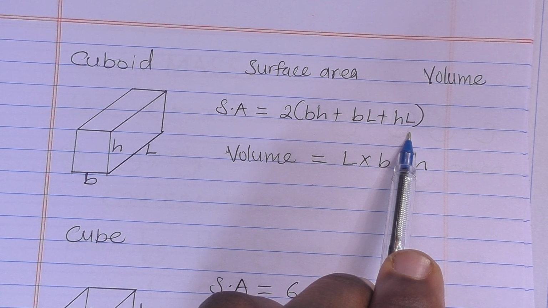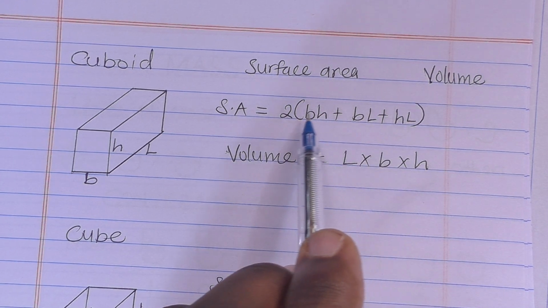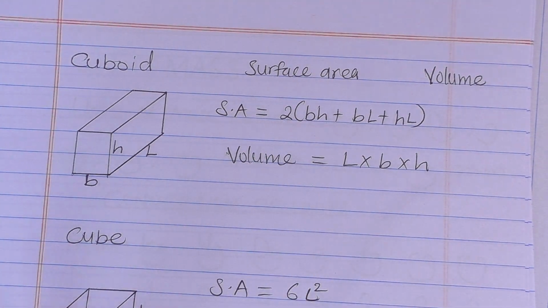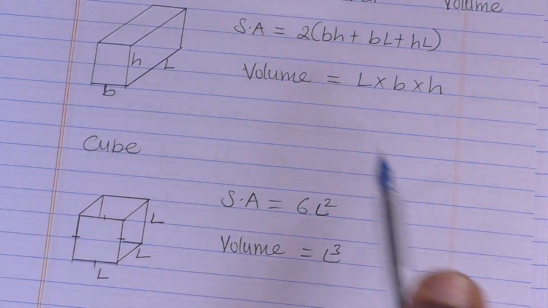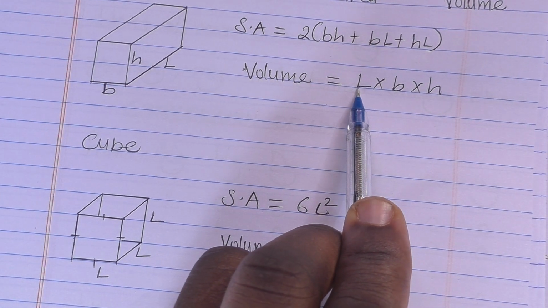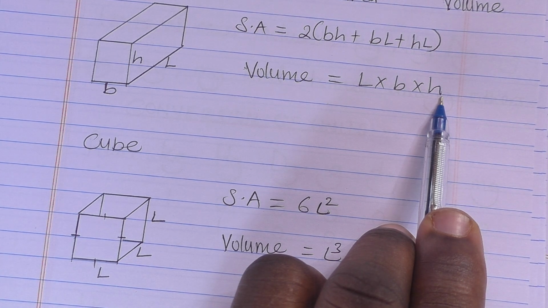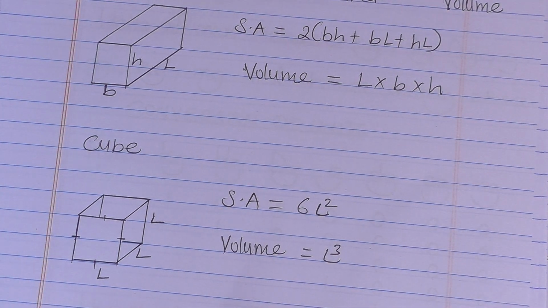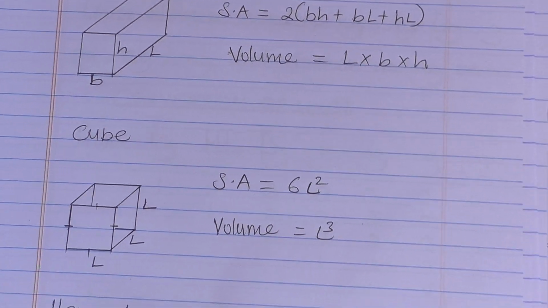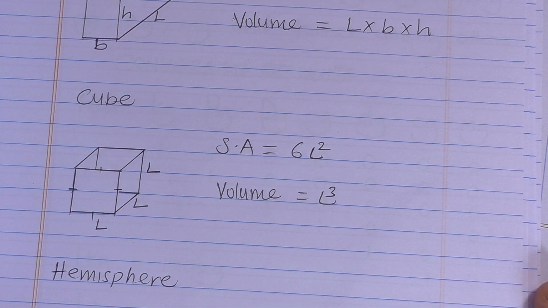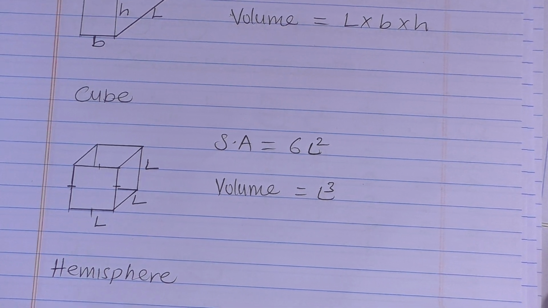So it has 6 faces, but 2 opposite are equal. That's why we multiply by the 2. Then its volume is given by the length times breadth or width times height.